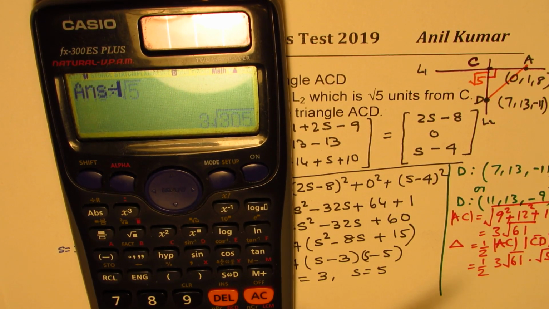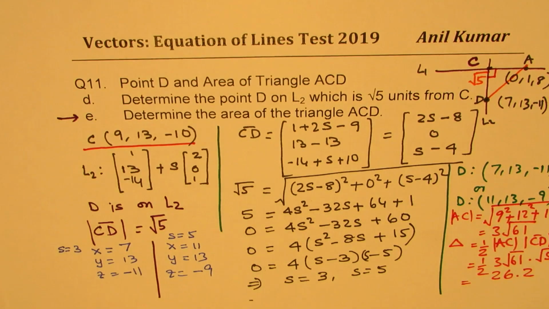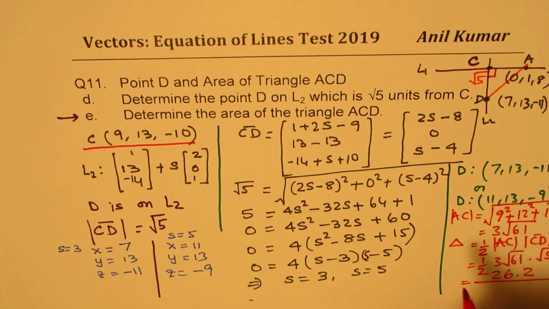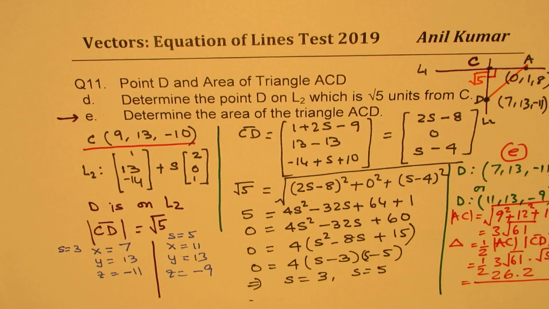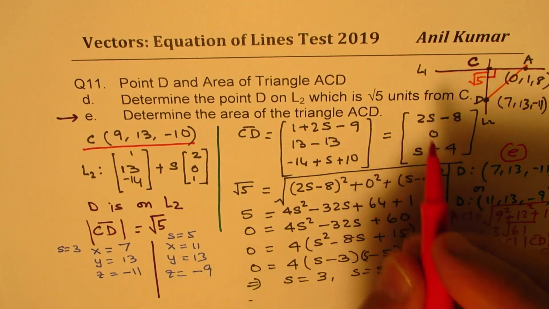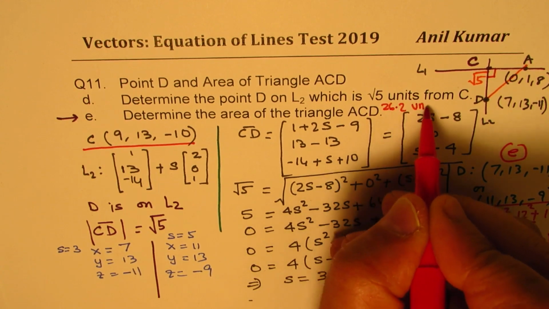And then divide it by 2 to get our answer in, let's say, decimals, which is 26 point, let's say, 2. Okay, so that is how we find the area, which comes to 26.2. So we did part E in short here. So we can write down the area is approximately 26.2 units square.